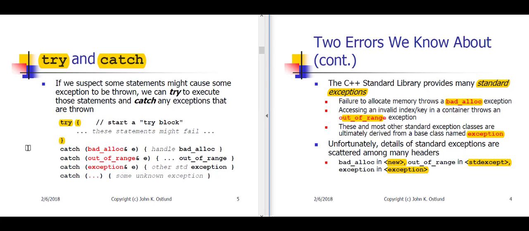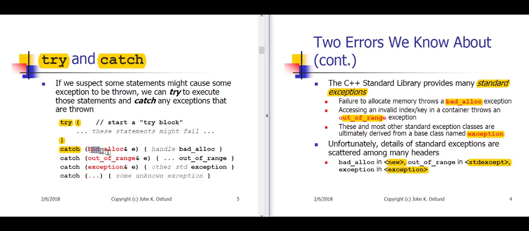We are hoping that these statements will all succeed, but it's possible that one of them will fail and throw an exception. So if an exception gets thrown by something within the try block, we have a sequence of catch blocks set up, and this is organized from most derived to least derived kind of exception in much the same way that we did with dynamic casts. We had CEO at the top, then manager, then employee.